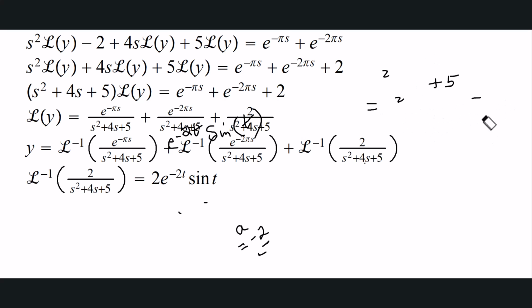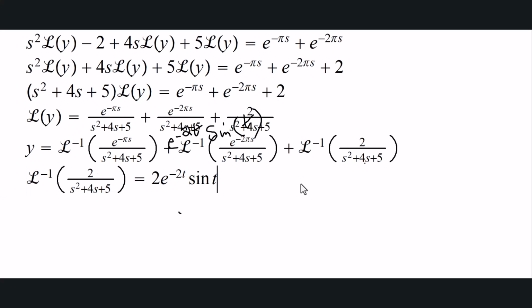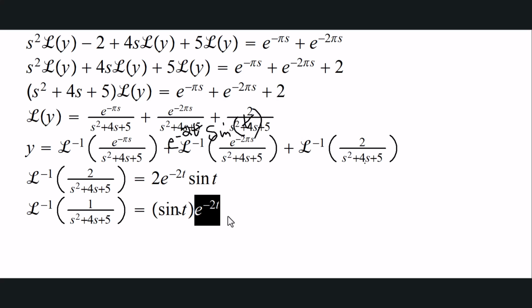So when we are writing it as 2 over this, and since this is involved in the other ones as well, you saw this is 2 times that, because we noticed that this Laplace transform is e to the power negative 2t times sine t.